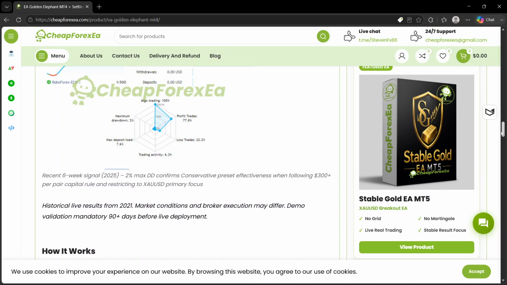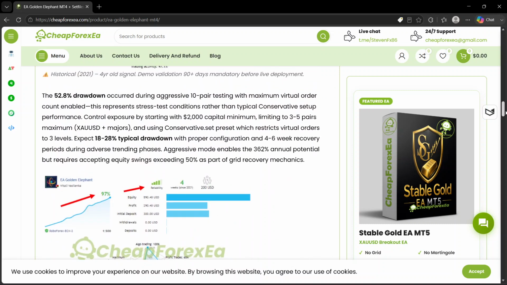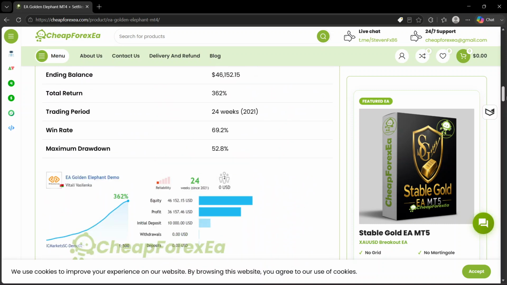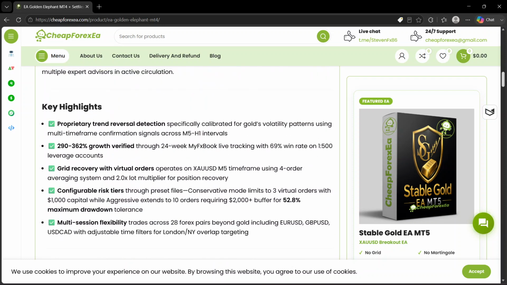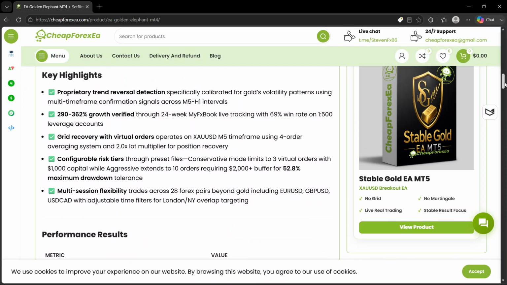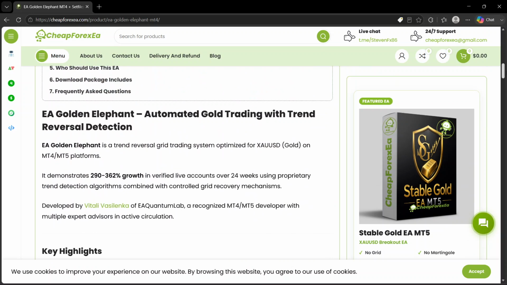They said they did a historical live result from 2021. Now, I really don't want to look into this picture since it could be edited. I'm not saying it is, but screenshots hardly move me, and I really don't trust screenshots a lot. It would be more helpful if they dropped their MyFXBook live signal link here.